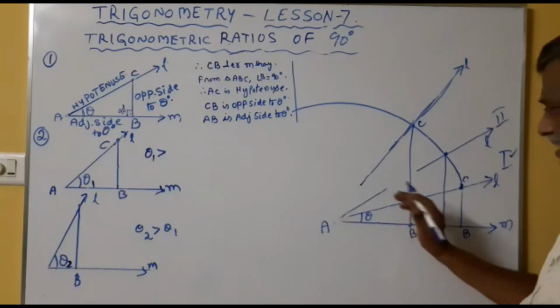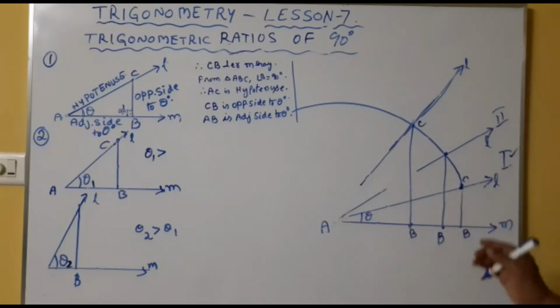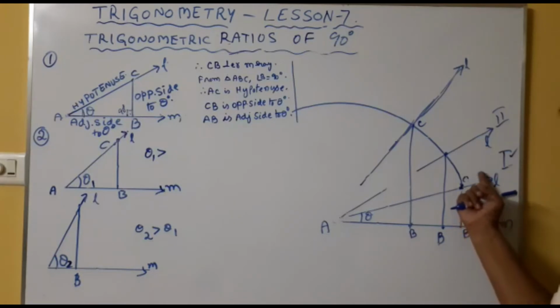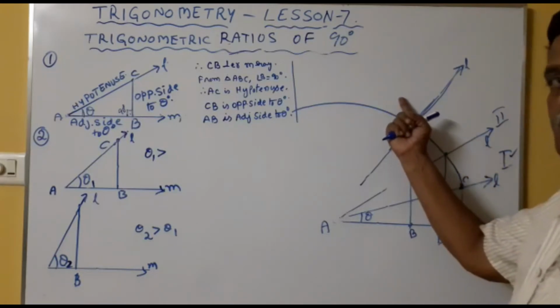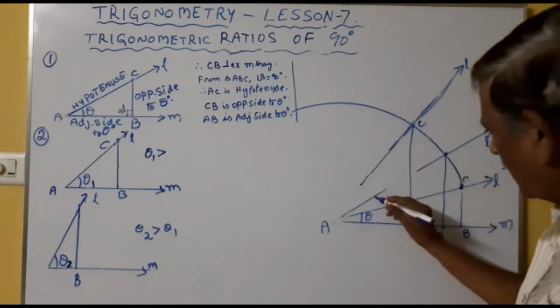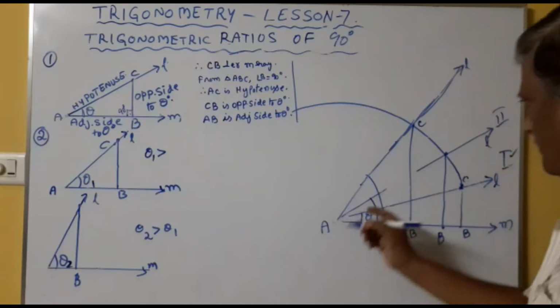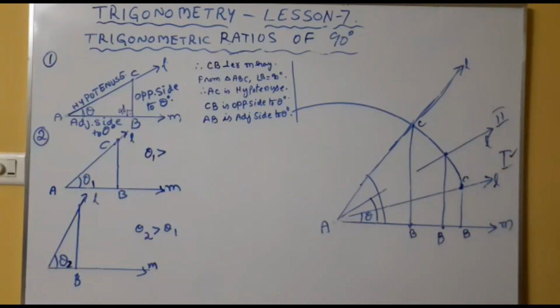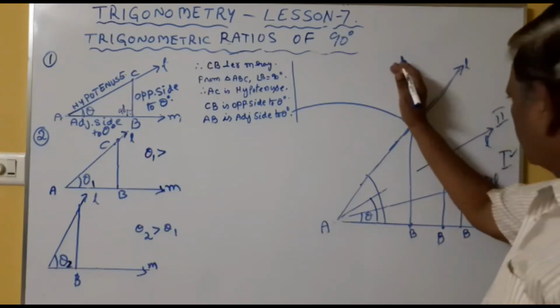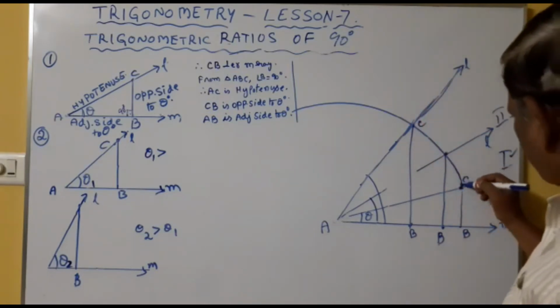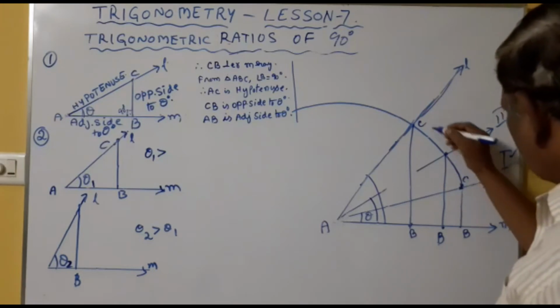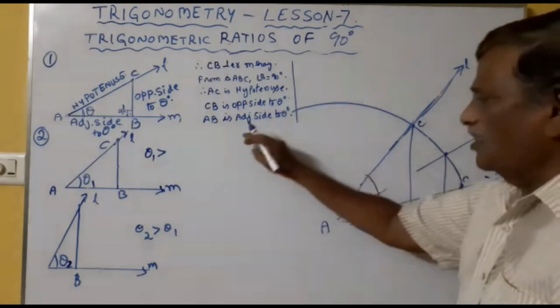On observation, it is clearly seen that when L rotates in anti-clockwise direction, the theta angle gradually increases. The position of C changes from place to place only on the circular path.